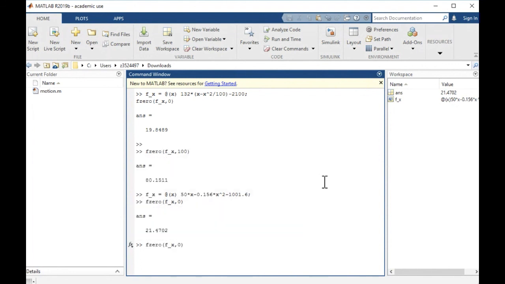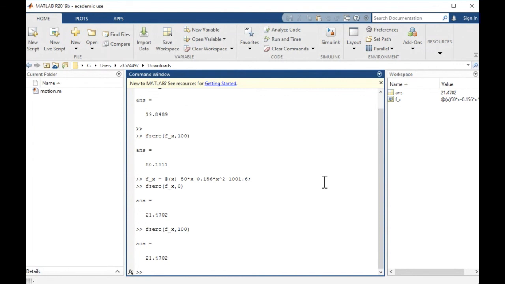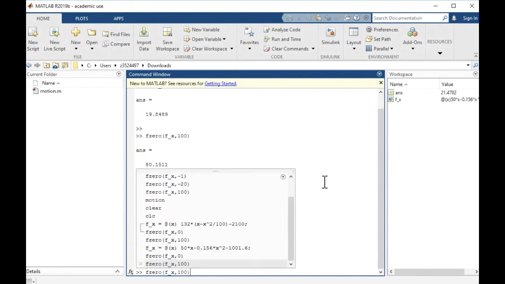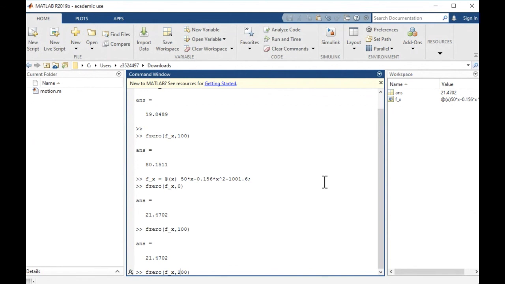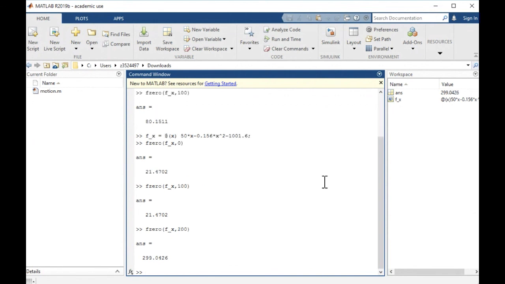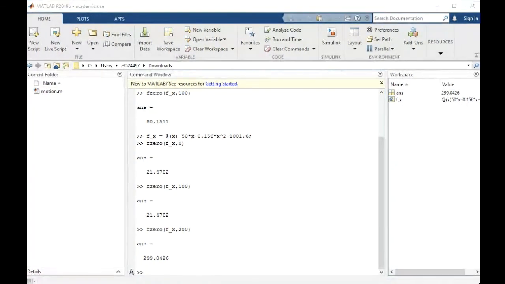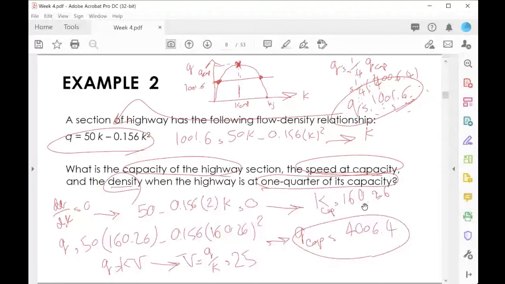And if I give it another initial guess, with 200, yes, the other one would be K equal to 299.0426.